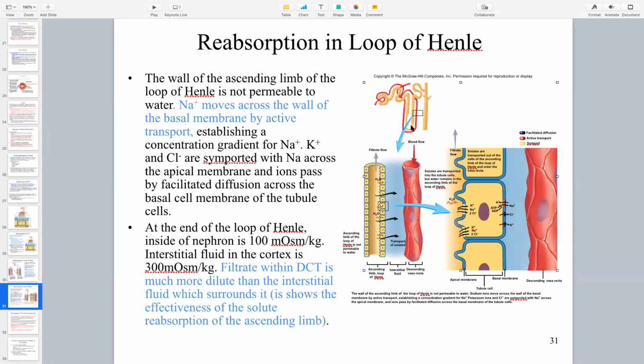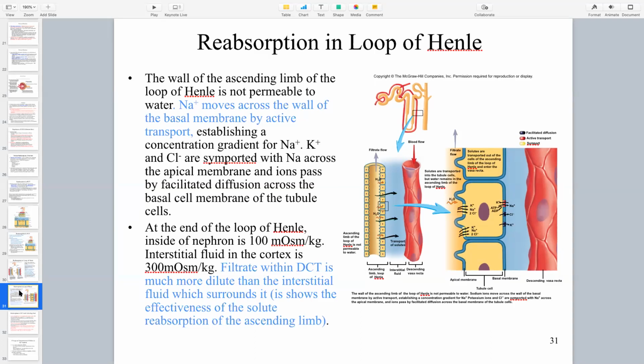The more salty, the more water wants to move out. Now we've blocked it. Because we blocked the salt pumps, there is no salt, and the interstitial space is not salty at all anymore. Because it's no longer salty surrounding the tubule here, water now has no reason to move out of our descending limb.